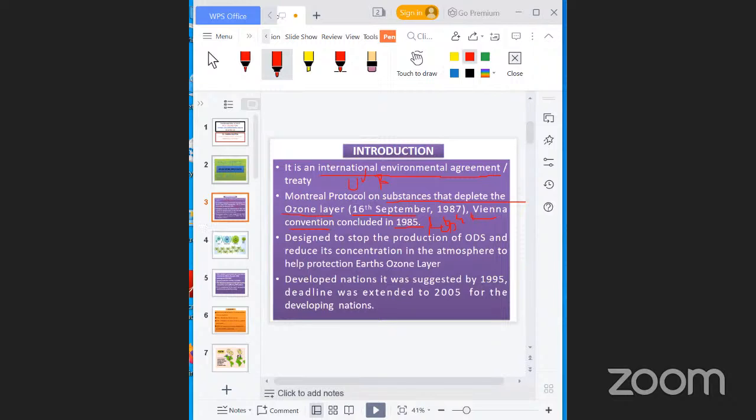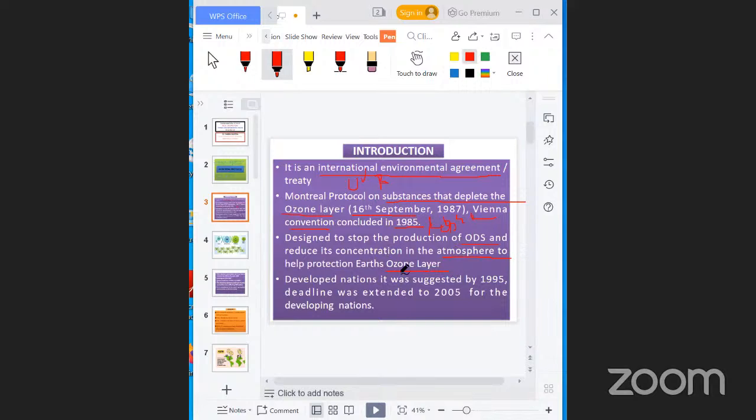It was designed to stop or ban the production of ODS and reduce its concentration in the atmosphere to help protect the ozone layer.